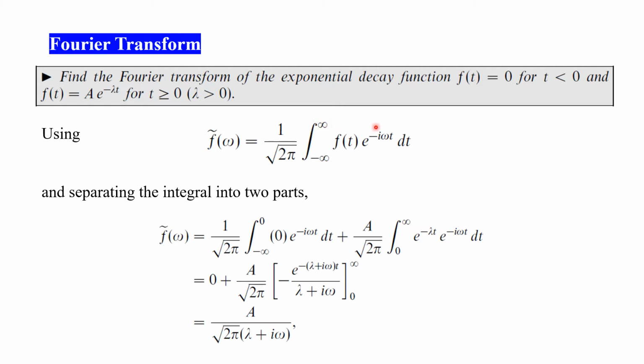As you can see here, we have two conditions. f of t is equal to 0 for t less than 0, and f of t is equal to a e^(-lambda t) for t greater than or equal to 0. So we are going to separate the integral into two parts. One is the integral from negative infinity to 0, where f of t is equal to 0, and the other is the integral from 0 to positive infinity, where f of t is equal to a e^(-lambda t).